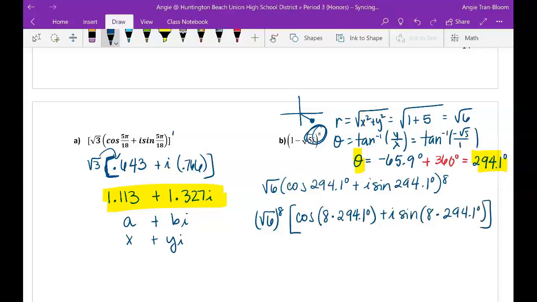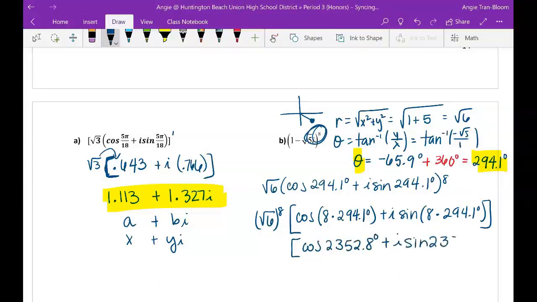I'm going to use my calculator. 294.1 degrees times 8 gives me a ginormous number. Cosine of 2352.8 degrees.